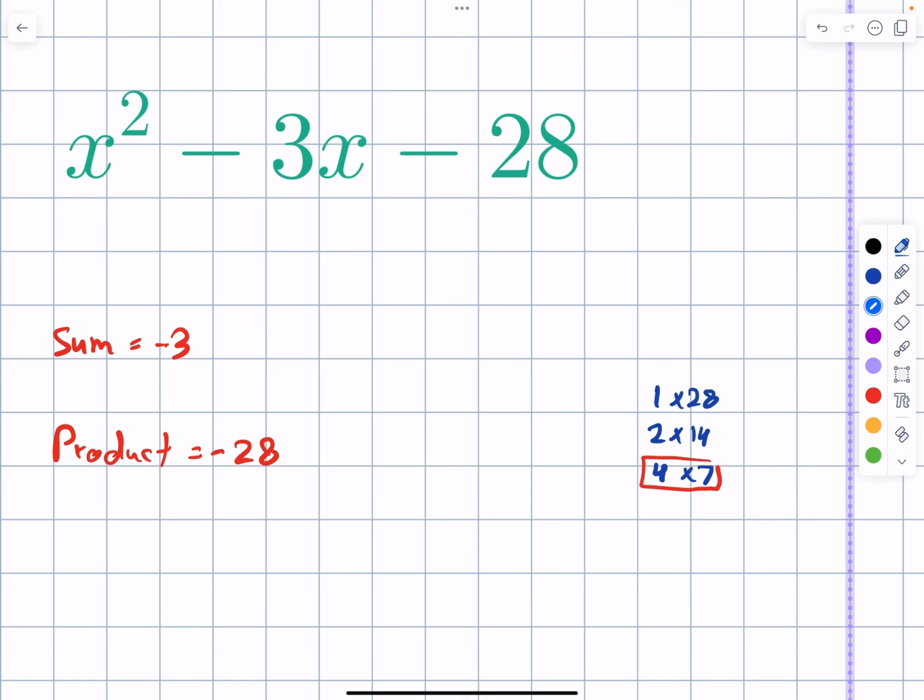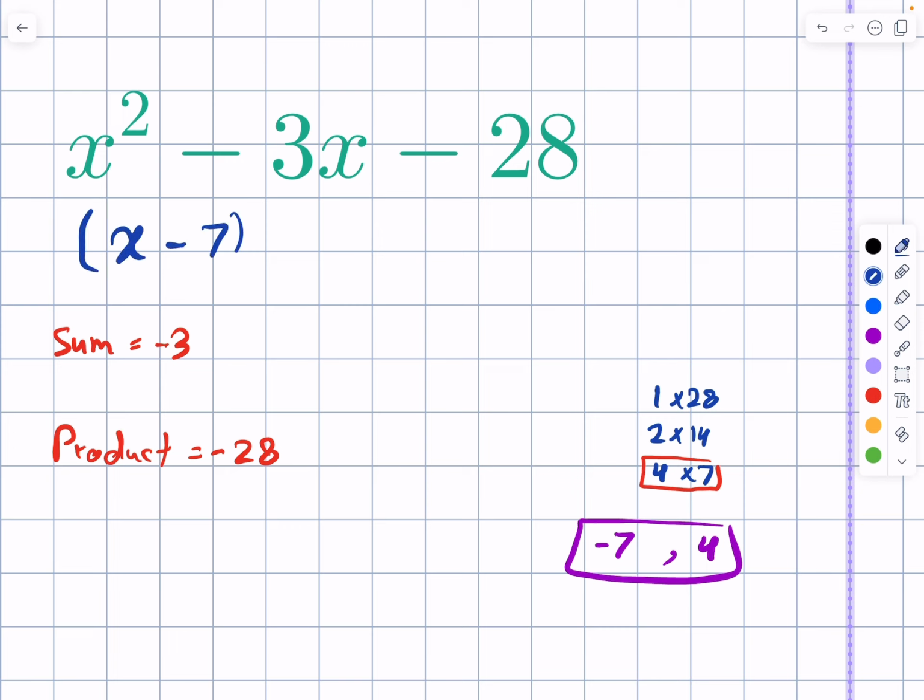Since the product is -28, one number would be positive and the other negative. Here the negative one would be 7, so -7, and the other number would be 4. These two numbers add up to -3 and multiply to -28. So this factorizes to x minus 7 multiplied by x plus 4.